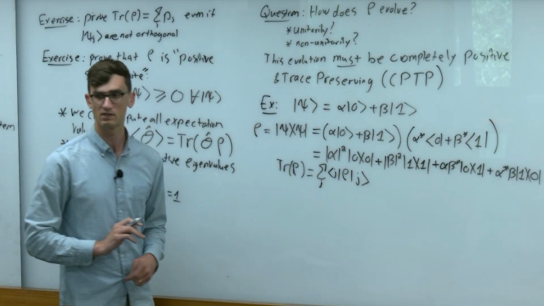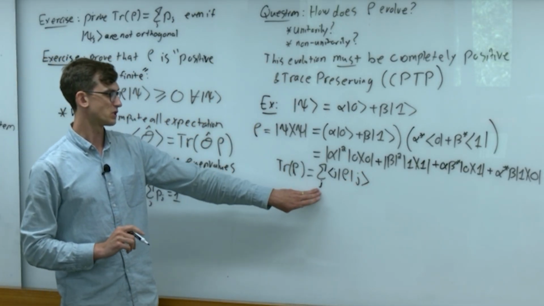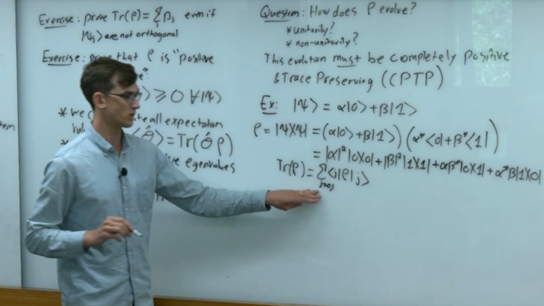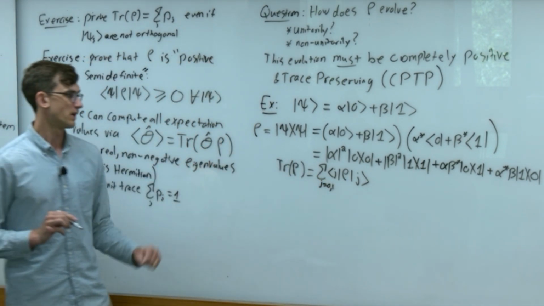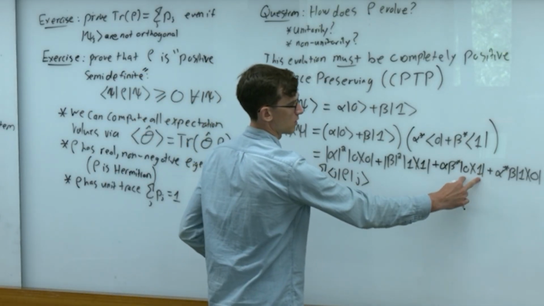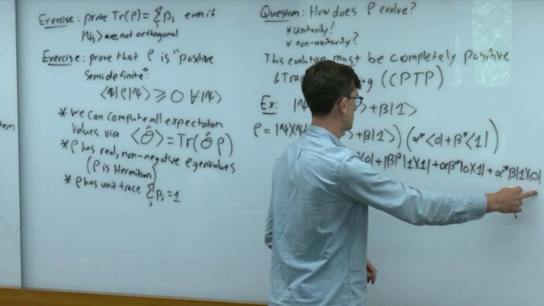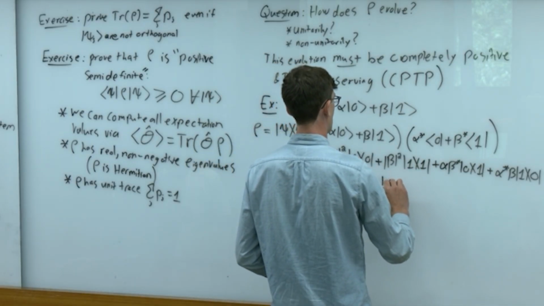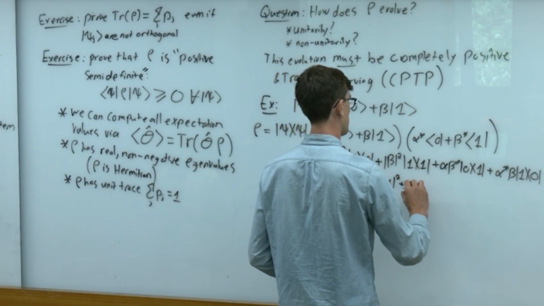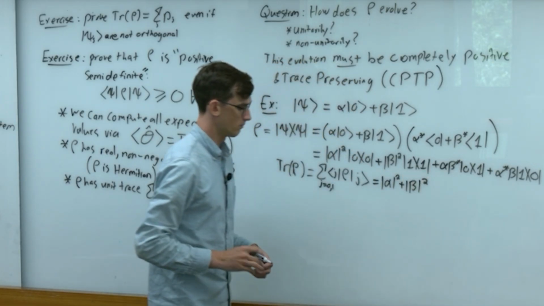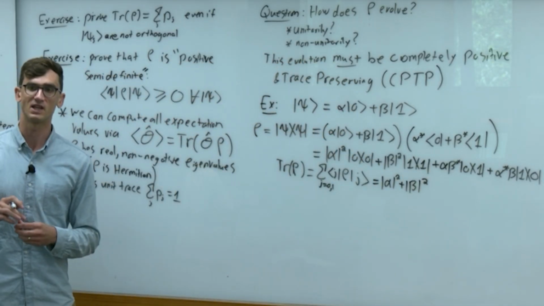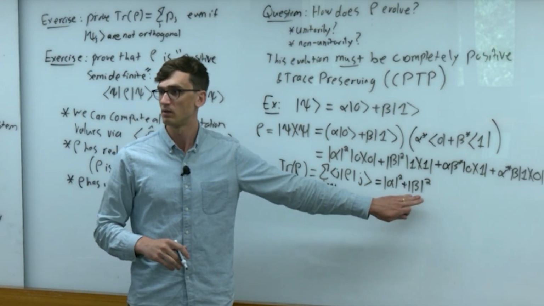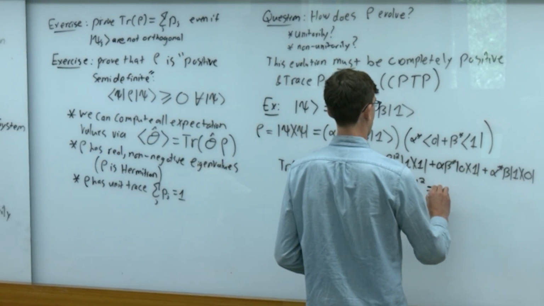This is how the trace is defined. And in this case, I just take j equals 0 or 1, because those are the only states in my Hilbert space. And so these terms go away when I compute the trace, and I'm left only with these terms. So this is equal to alpha squared plus beta squared. And we know from normal quantum mechanics, not using density matrices, that alpha squared plus beta squared has to equal 1. This is a statement of normalization.